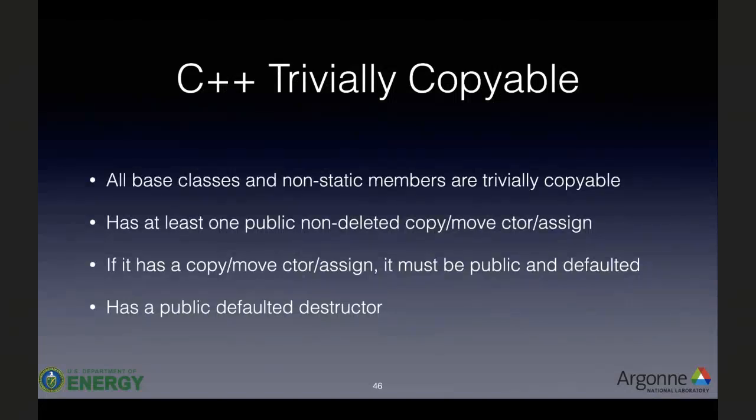This handles corner cases. Like if your type has a constant member, then it would not be assignable, even though it is copy constructible. So it has to have at least one of these. And for any of those that it has, those must be public and defaulted. And it must have a public defaulted destructor that does no work.